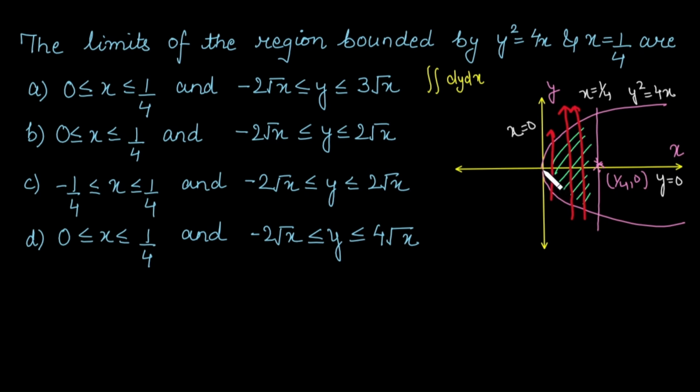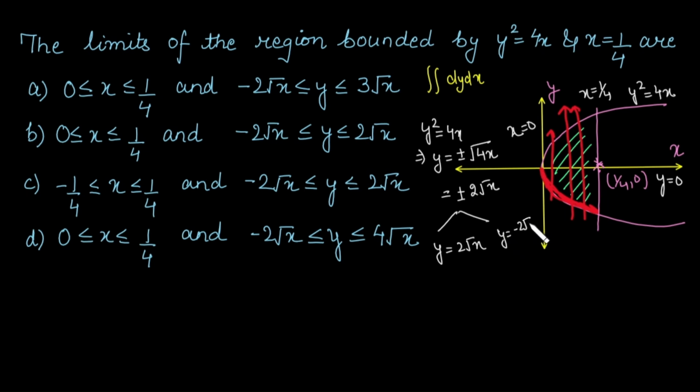from here. So it enters from here, and what is the name of this curve? This is a parabola, and the value of y in this case: y square is equal to 4x. This implies y is equal to plus minus under root 4x, that is plus minus 2 root x. So from here we got two curves, y is equal to 2 root x and y is equal to minus 2 root x.